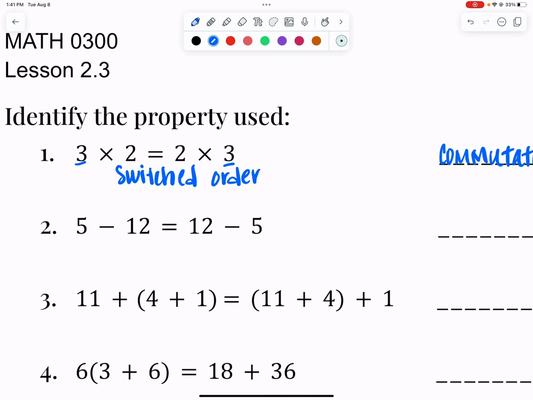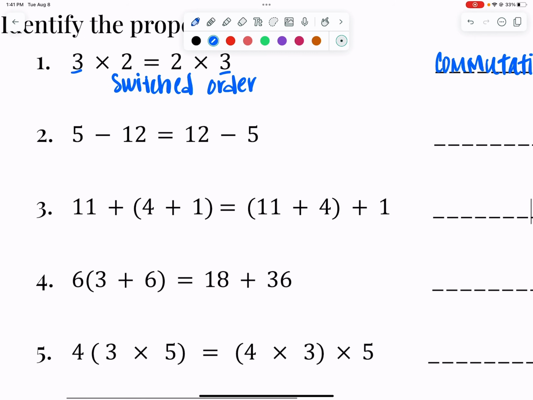So let's see what happens in number 2. Number 2 has a bit of a typo in it. Number 2 needs those subtractions changed to addition. Then, once we have that taken care of, I have a 5 in the front and then a 5 in the back. So it looks like they switched order again.